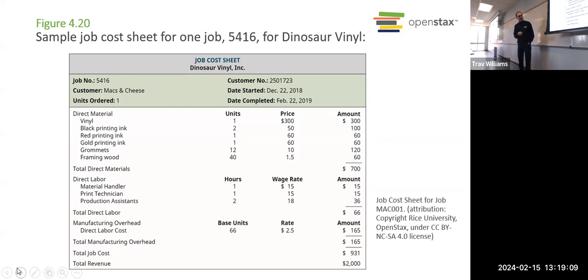And that's how they got their overhead rate. And then add it all together, we see the total cost for this job. And so this way we know exactly what that job, well, maybe not exactly because the overhead is estimated, but pretty close to the actual cost for this job. And then if we compare that to the revenue from this job, you can see we have a pretty healthy profit there.